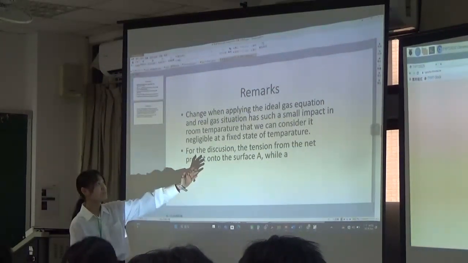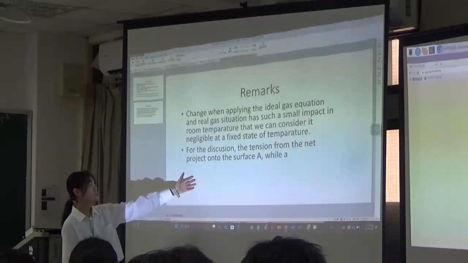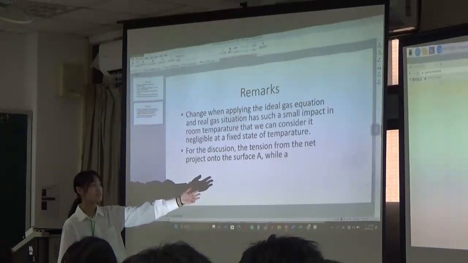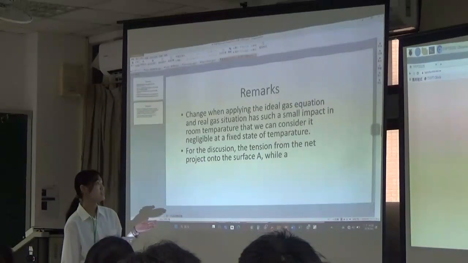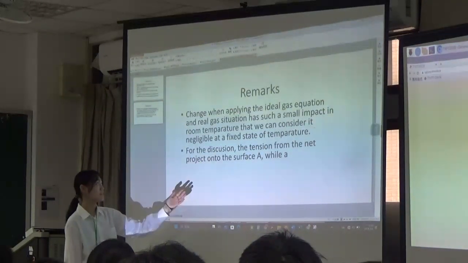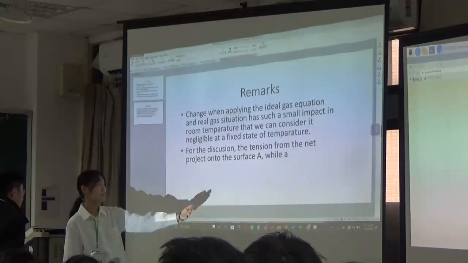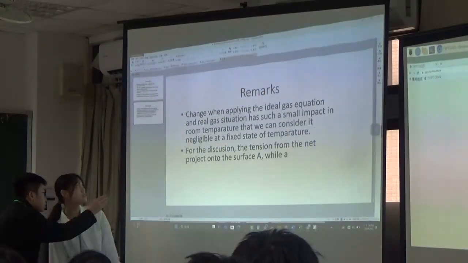By applying the ideal gas equation, the real gas situation has such a small impact at room temperature that we can consider it negligible at a fixed temperature.